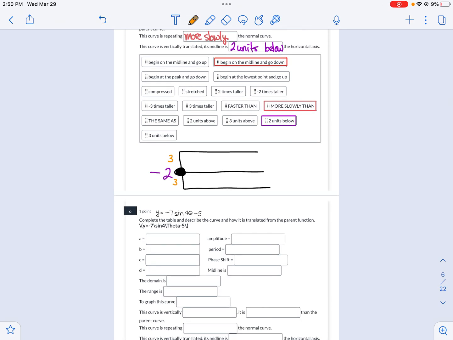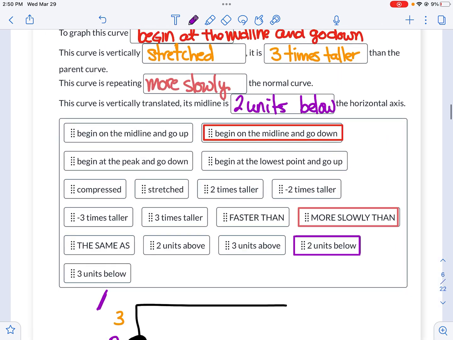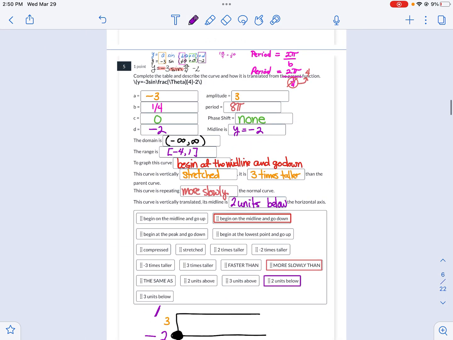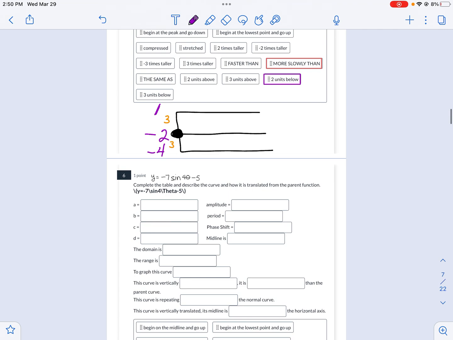So -2 plus 3 is 1, and -2 minus 3 is -4. So our range is -4 to 1. We would begin at the middle, and it's negative sine, so it would go like this. And this would be 8 pi. There we go. All right, let's try the next one.